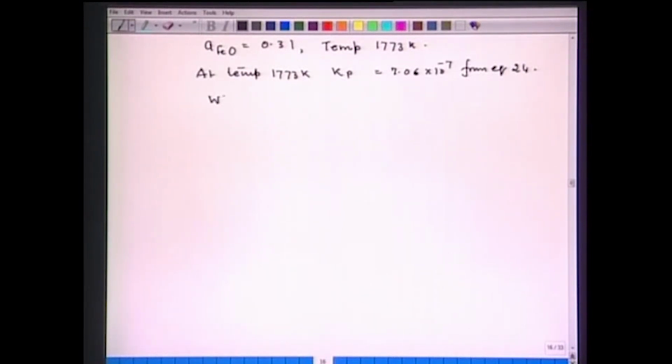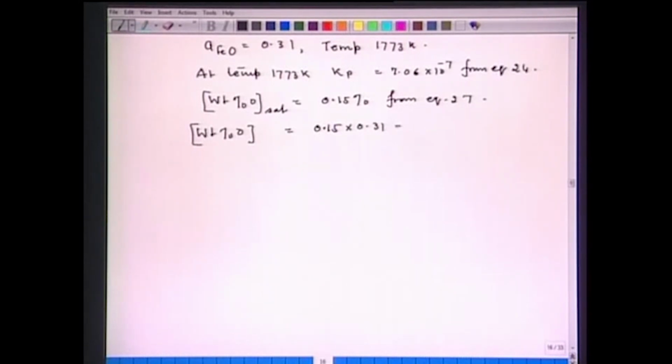Now, I can also calculate weight percent oxygen saturated, that will be equal to 0.15%, and that I have calculated from equation 27. Then weight percent oxygen will be equal to 0.15 into 0.31, that will be 0.0465.